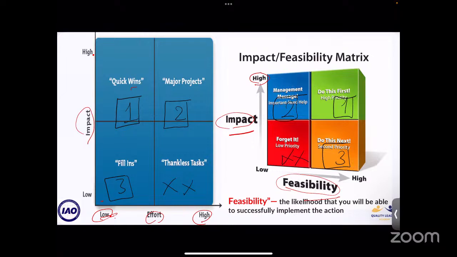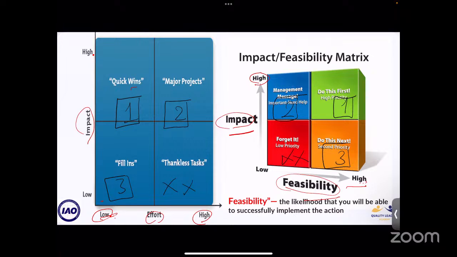If the feasibility is high, that means implementation will be easier. What should you choose based on feasibility? The higher the feasibility, the easier it is to implement. If feasibility is high, then the condition doesn't require much effort.